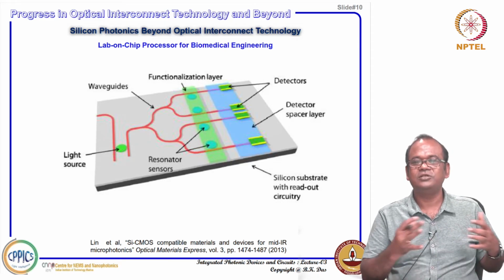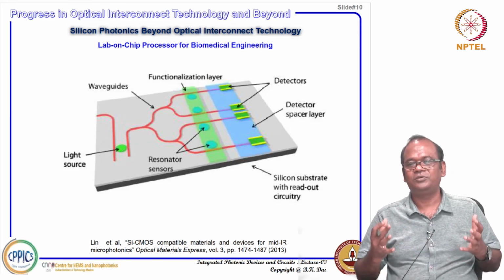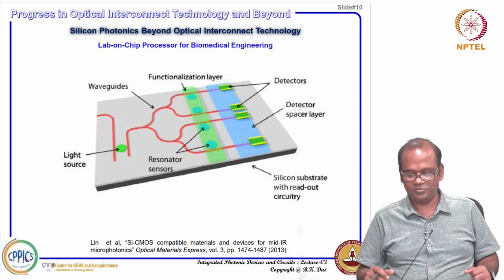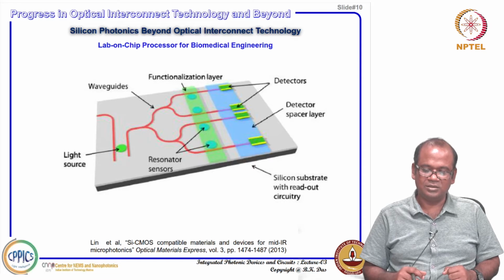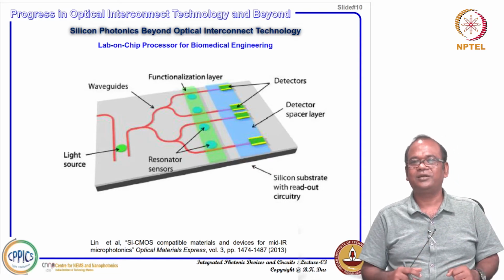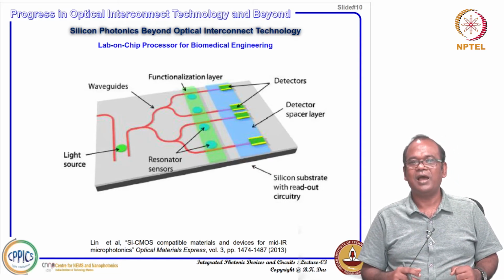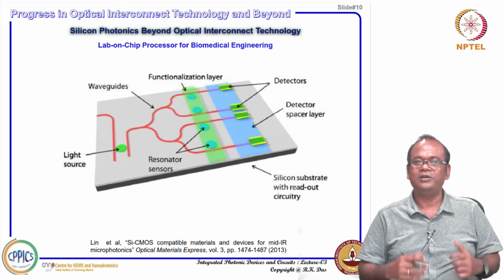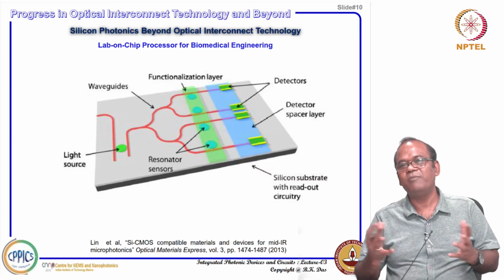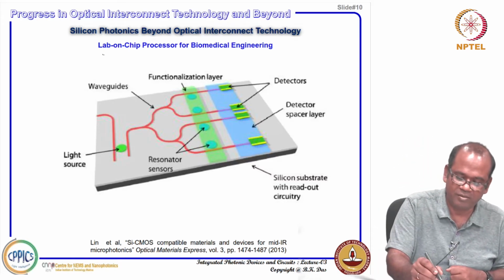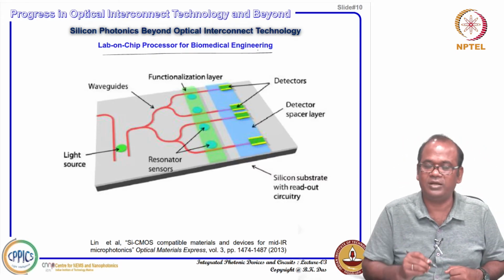But since the technology is available, people try to explore other areas also. For example, beyond optical interconnect, you can have silicon photonics or integrated photonics technology for lab on chip application for biomedical engineering.